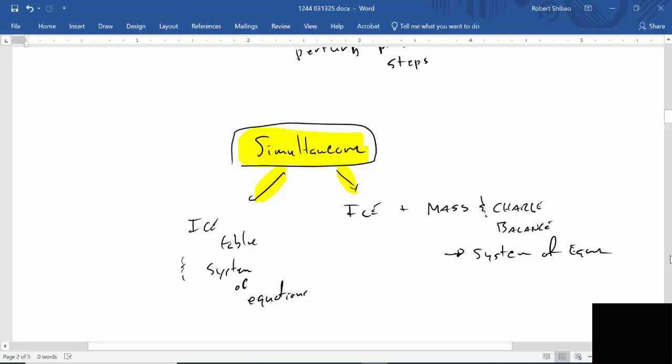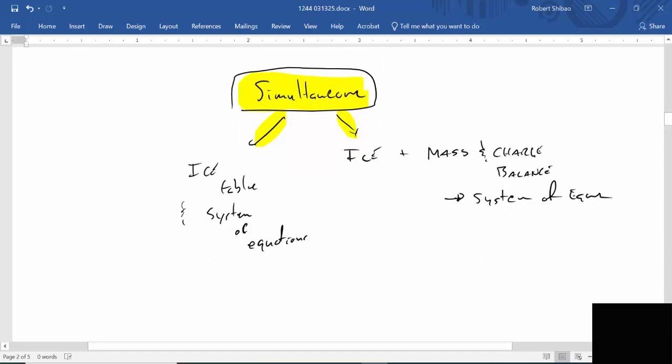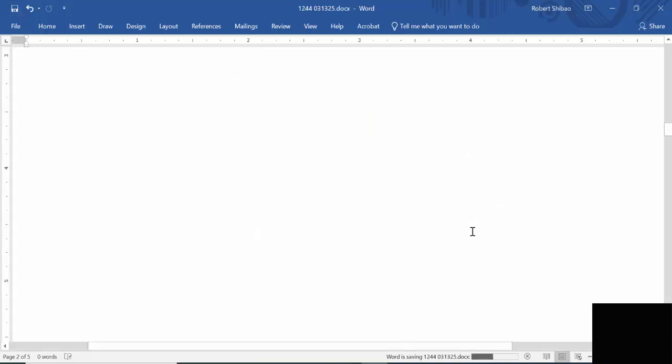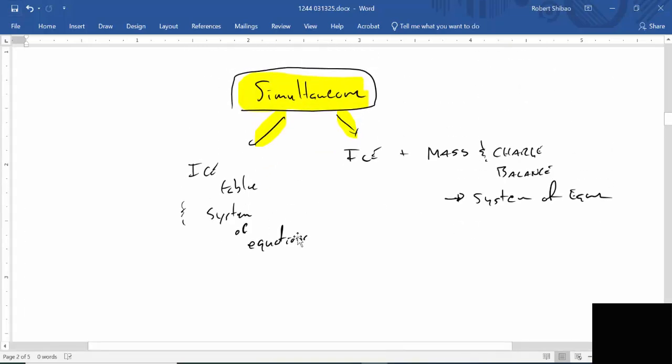The total positive charge is adding up all the charges on the cations, and the total negative charge is adding up all the charges on the anions. So we can generate additional equations based on that, and then we solve the system of equations. The book goes through these somewhat.